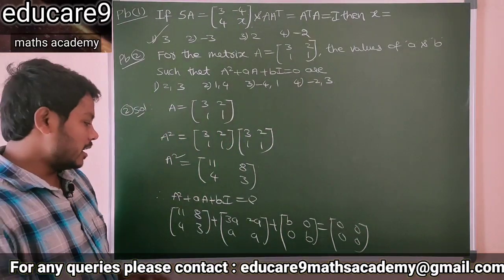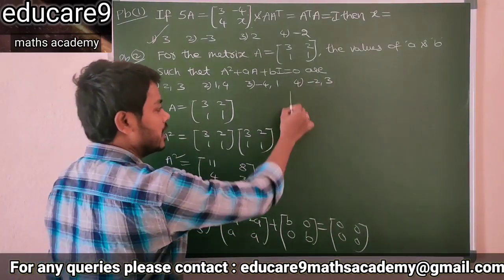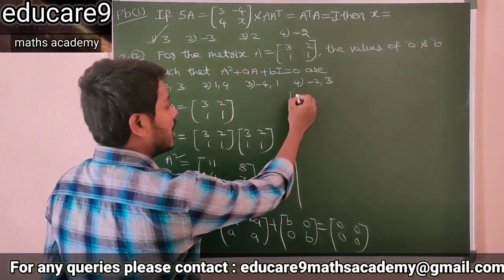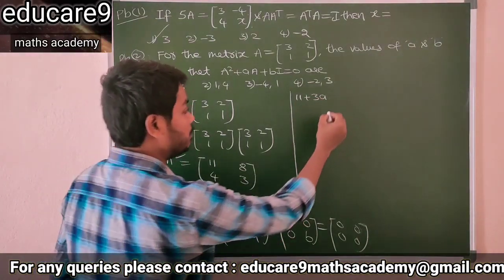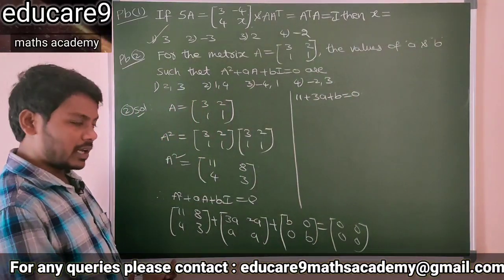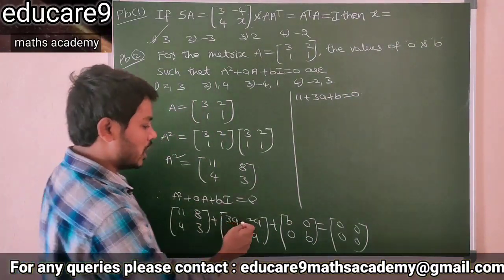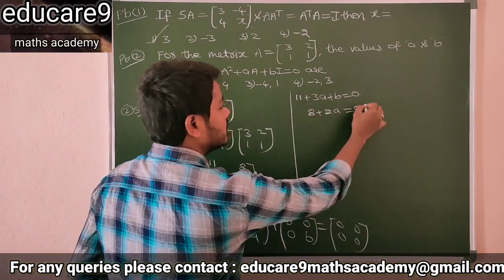Now clearly, the corresponding elements are equated to 0. So see here, that is 11 plus 3a plus b is equal to 0. Next one, 8 plus 2a is equal to 0.